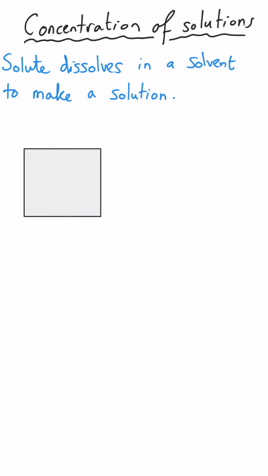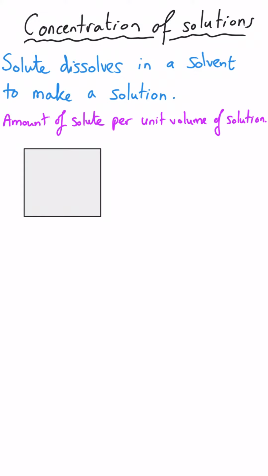Now, concentration is a measure of the amount of solute that is dissolved in a unit volume of solvent. And typically, what we are working with is 1 decimetre cubed of a solution, and the amount of solute that dissolves is normally in moles.